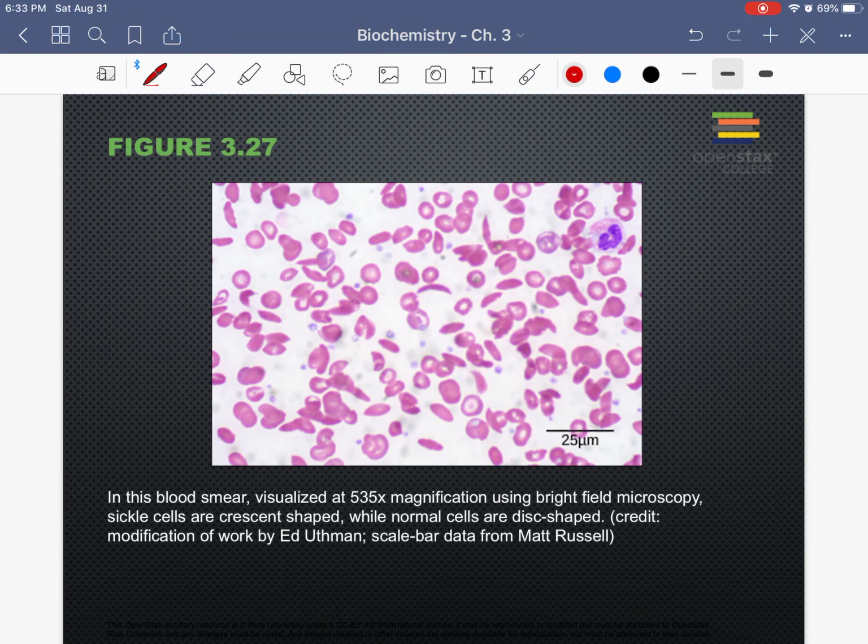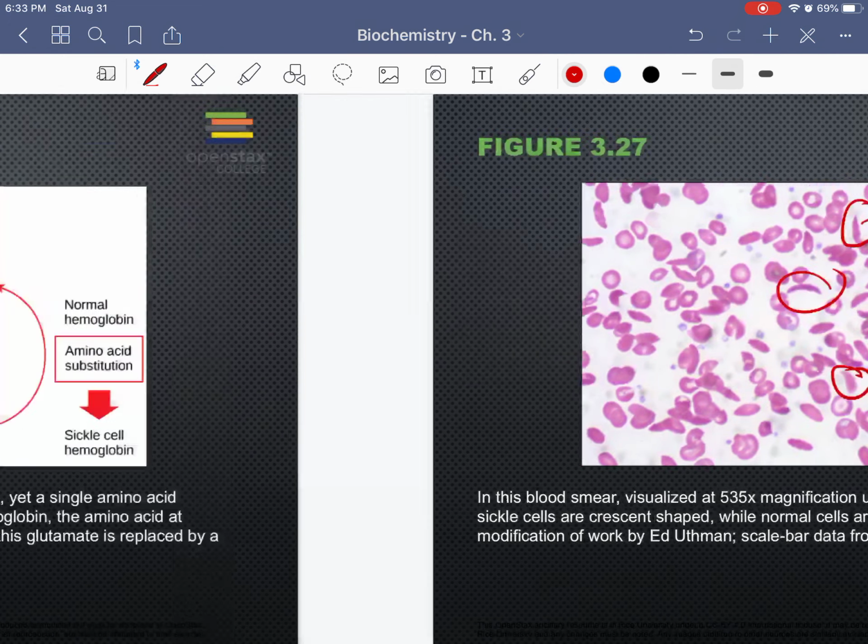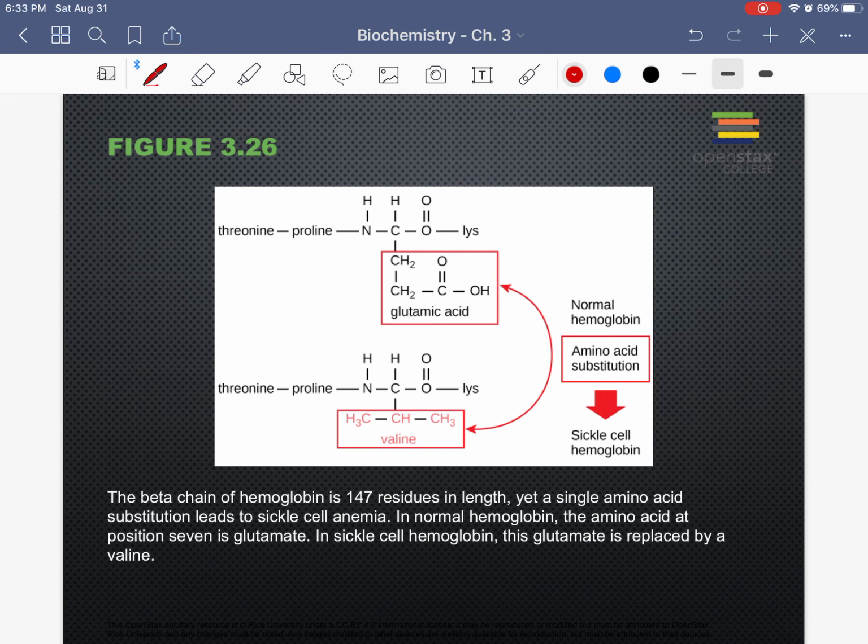So you can see right here, you got a sickle cell here, you got a sickle cell here, you got a sickle cell here. And that is resulting because instead of getting our glutamic acid, it gets substituted with a valine. So this one is correct.